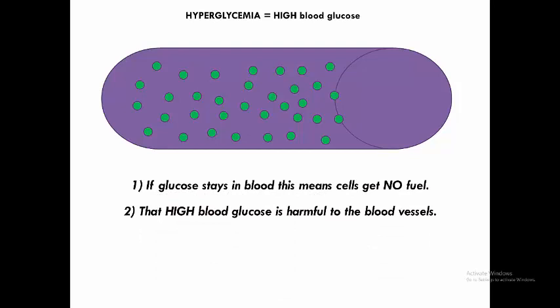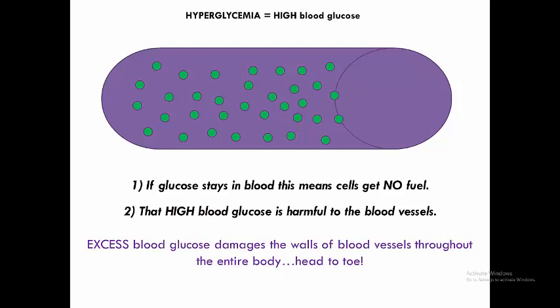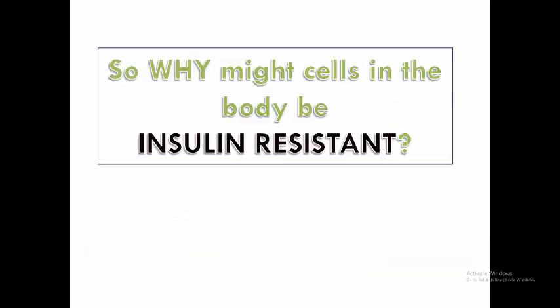So the cells are starving. They're deprived of fuel. The body isn't functioning as well as it could. The person probably feels tired. They're probably peeing more, and then they're feeling thirstier. It's not a good state when our blood glucose is elevated for long periods of time because there's too much gunk in our keyholes and the key won't work.